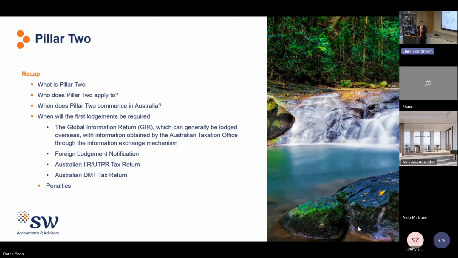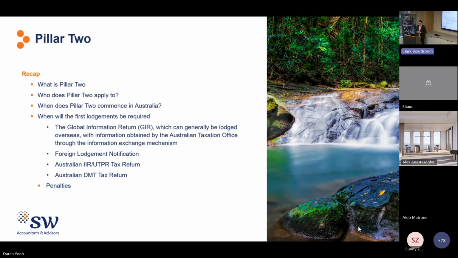And this is the important bit. Whether or not you have top-up tax to pay, you need to prove your effective tax rate by performing the Pillar 2 calculations and lodging the Pillar 2 forms in the countries which require them, including Australia and other jurisdictions as well.